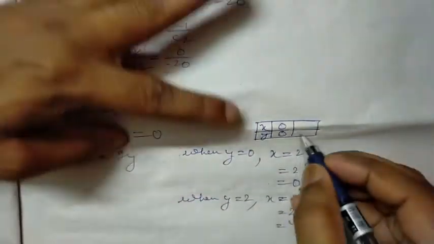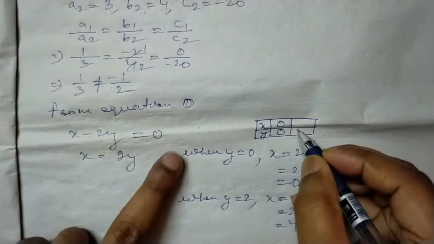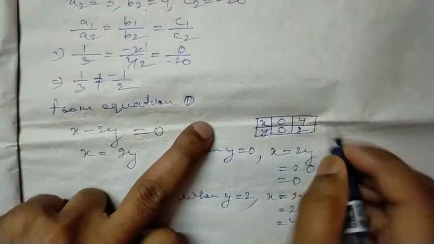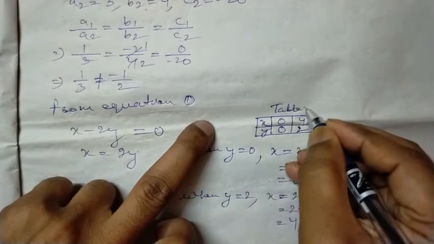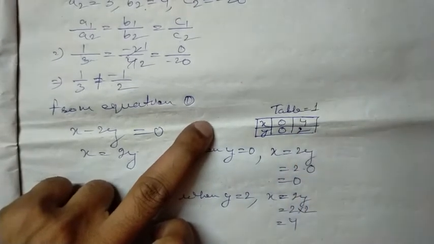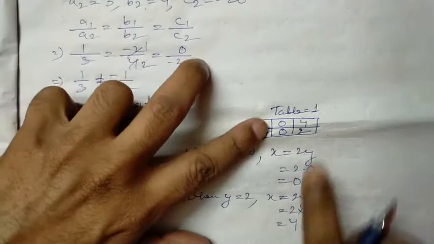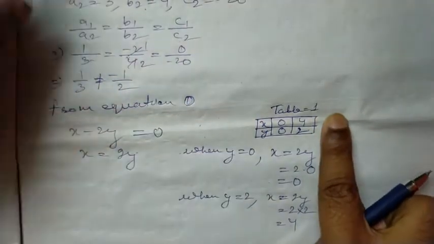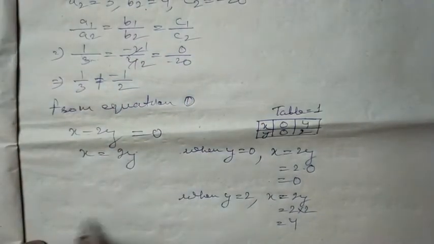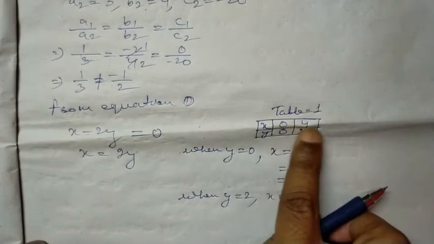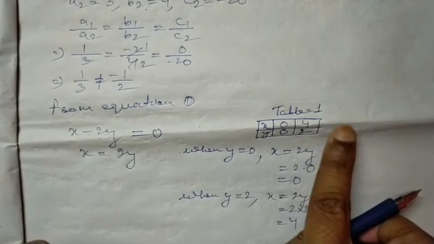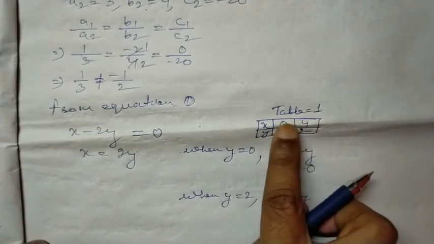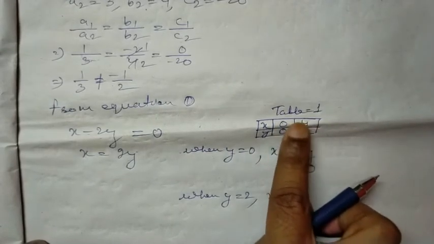So we can put here, when we have taken the value of y as 2, we got the value of x as 4. So this is our table 1. Then from the equation we can take two values only. We can take a third value also, but it is irrelevant. We can take the two values and put them on a graph paper.